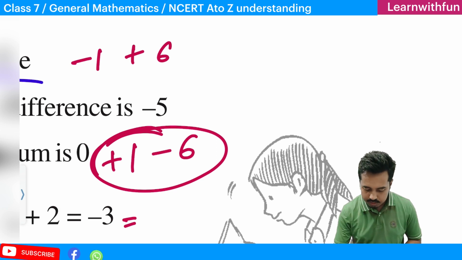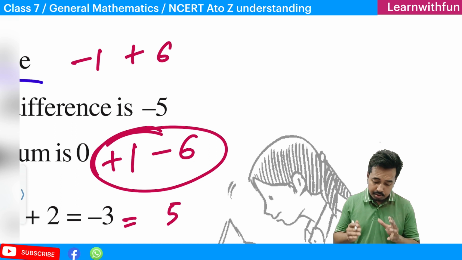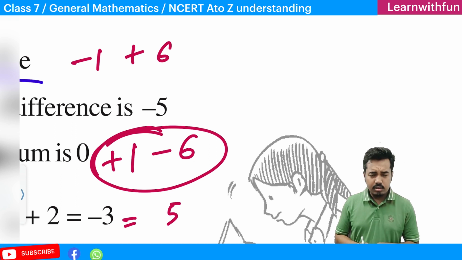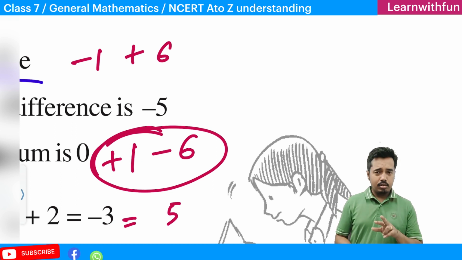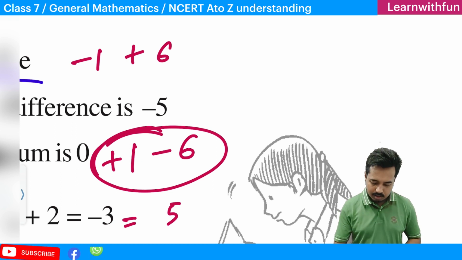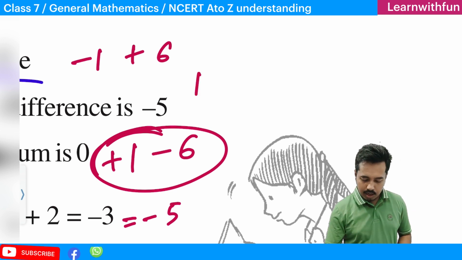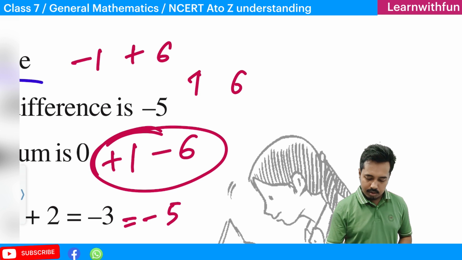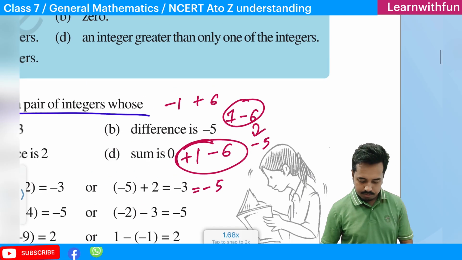What we will get? 6 minus 1 gives you 5, and we will have to take the sign which is just before the larger number. The larger number is 6, so the sign before 6 is minus, so we will get minus 5. So the numbers are 1 and 6, because the difference of 1 and 6 is minus 5.